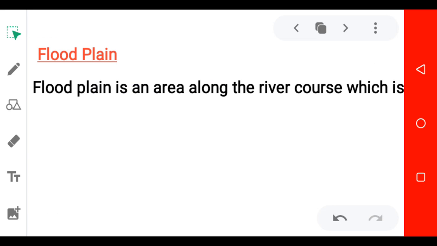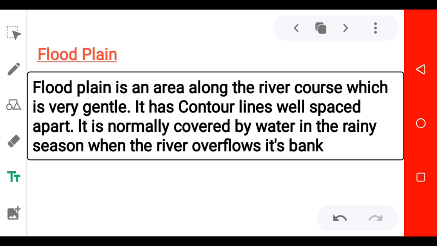Now that's what we call a flood plain. A flood plain is an area along the river course which is very gentle. How do you know this? It has contour lines well spaced apart.